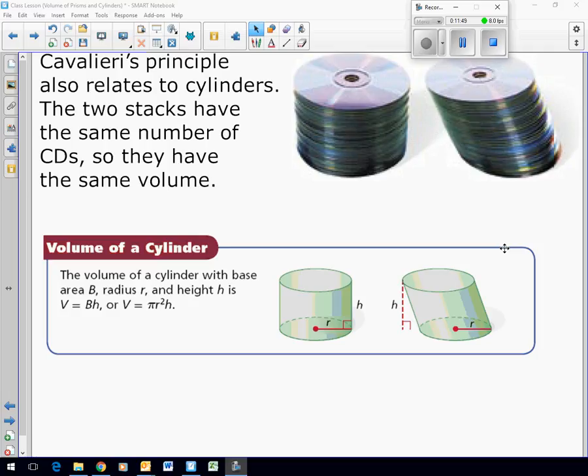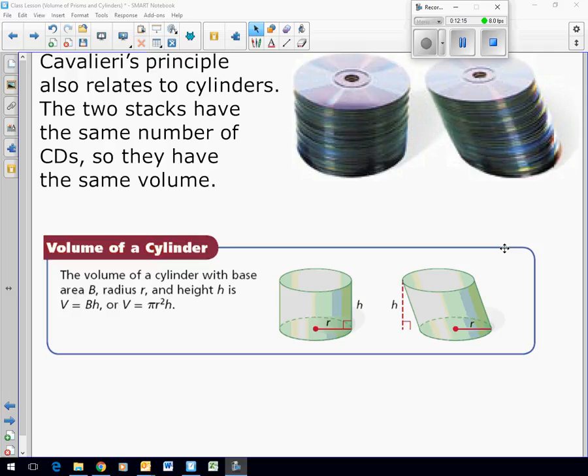With cylinders, all radii are created equal. So as long as, check it out, y'all, as long as the circular base of the two figures has the same radius, that means that it will have the same area, because we use pi times radius squared to calculate the area.